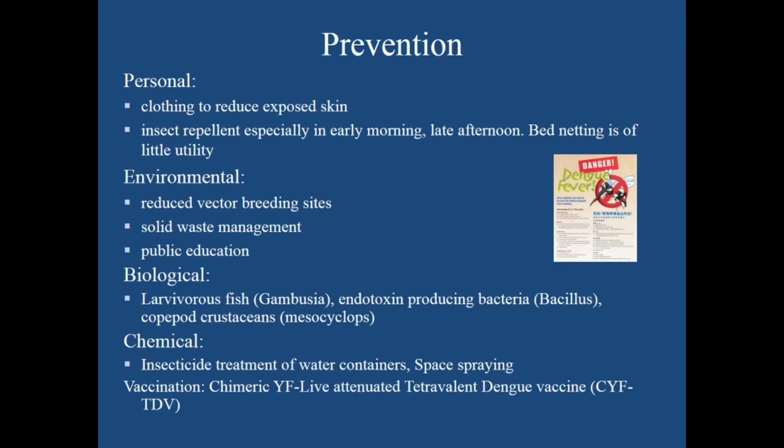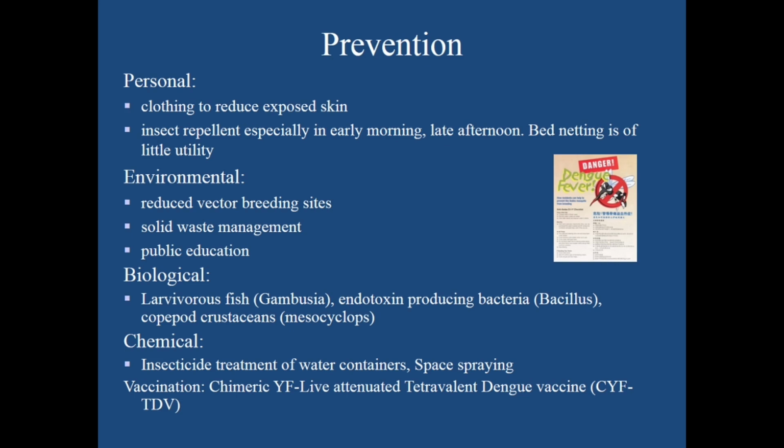Prevention can be personal, that is clothing to reduce exposed skin and insect repellent, especially in the early morning or late afternoon. Environmental means you have to reduce the vector breeding sites. Solid waste management has to be done, and public education.